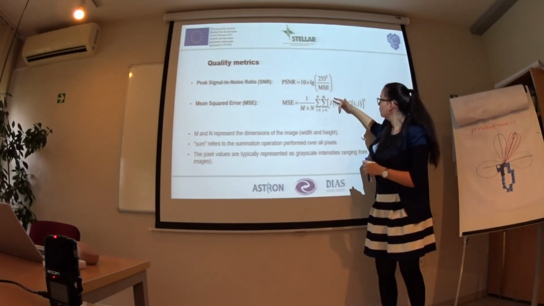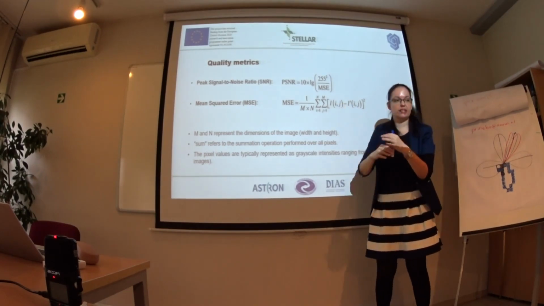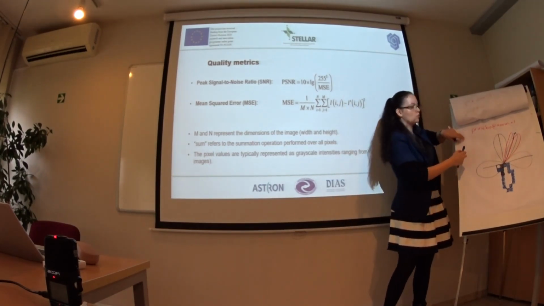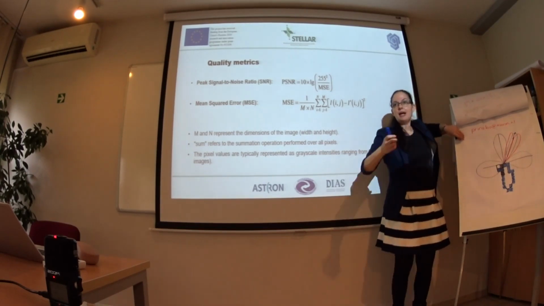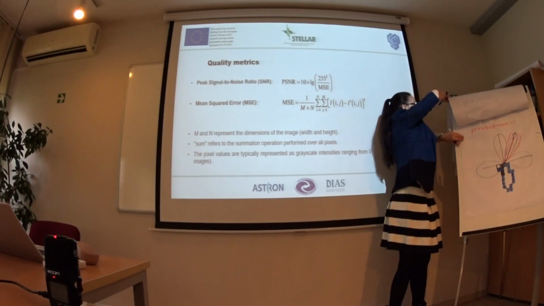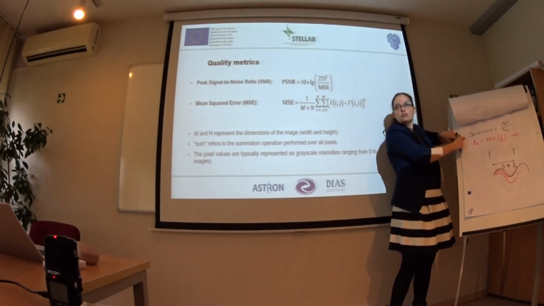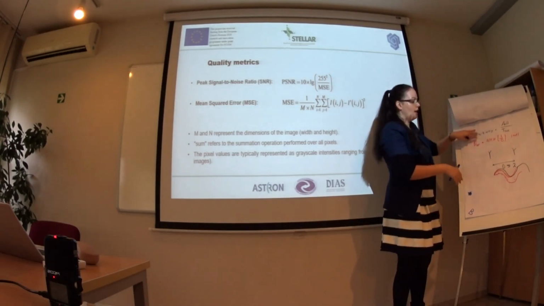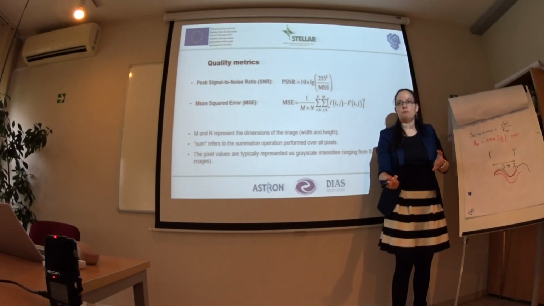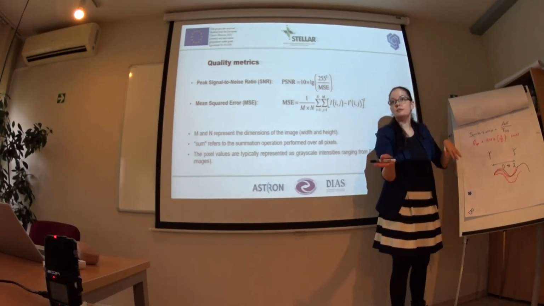So we need to find the difference between the pixel in a particular position of the original image minus the obtained pixel value in this position. Okay, so you have your original image and you have done some processing.